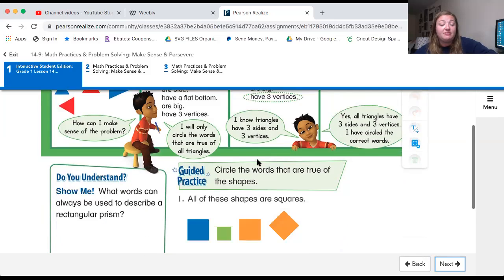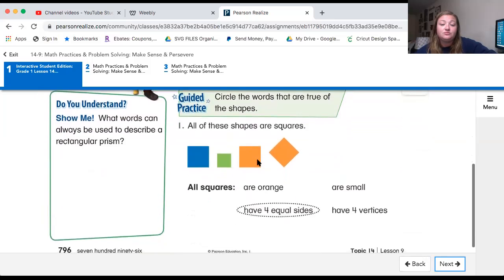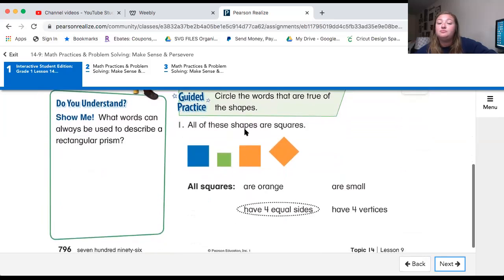So you're going to do the same thing down at the bottom, but your shape is a square. So it says all of these shapes are squares. And we're going to circle the words that are true of all the squares. So are all squares orange? No. Are all squares small?